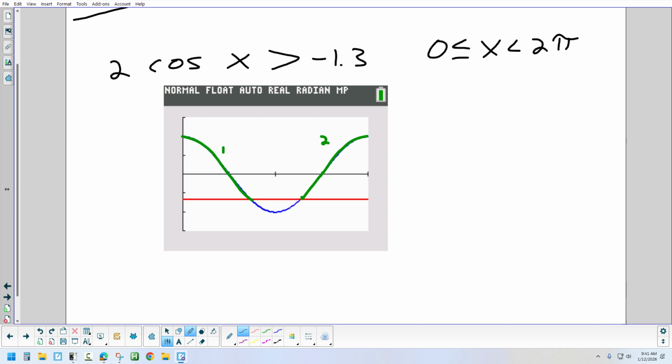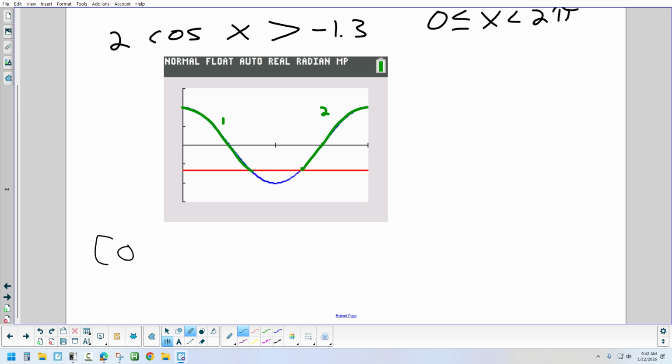Well, the only reason we can include or not include something is because of information in the problem. So there is something there that tells you you need to include 0. You don't have a choice. The problem states that we're looking at values that are greater than or equal to 0, so we include 0. It says you need to include the left edge of the screen. So interval 1 is going to start at 0.